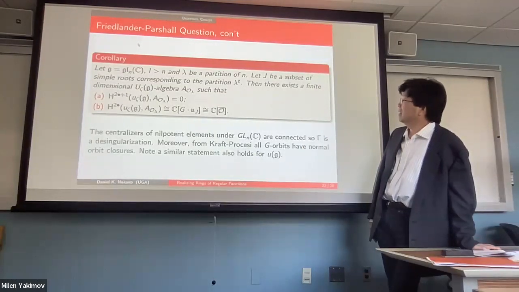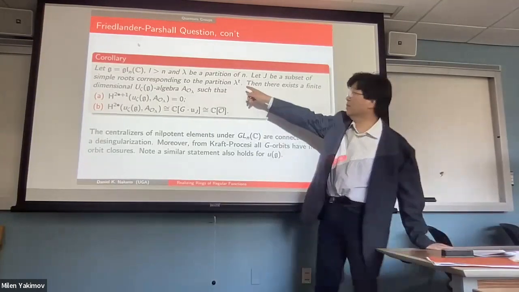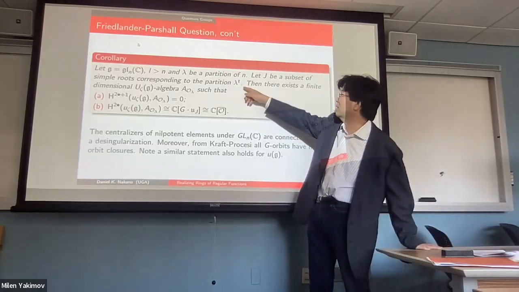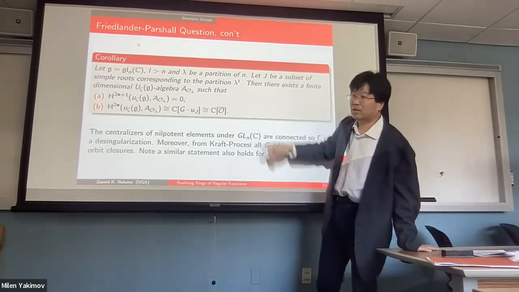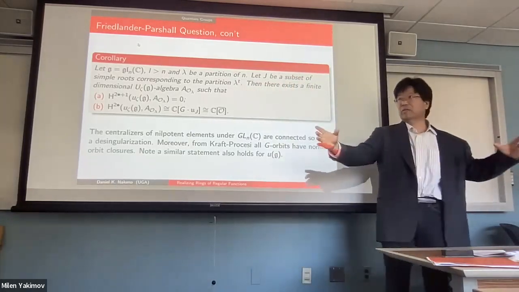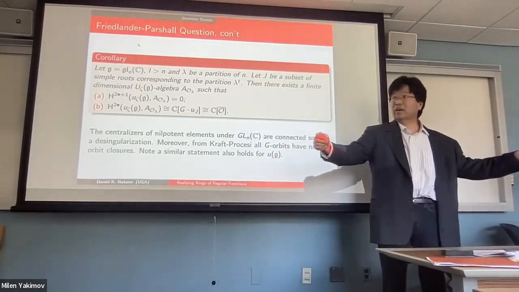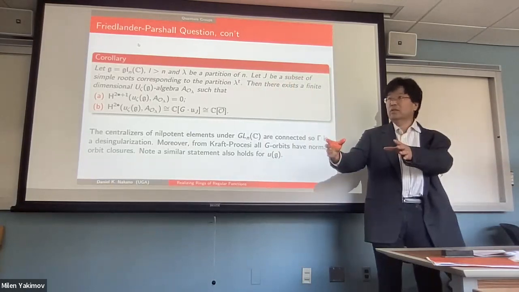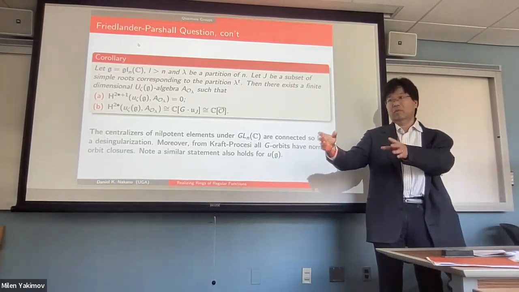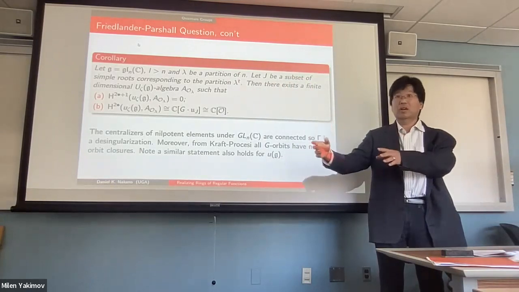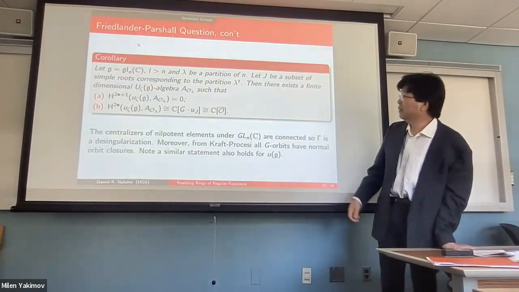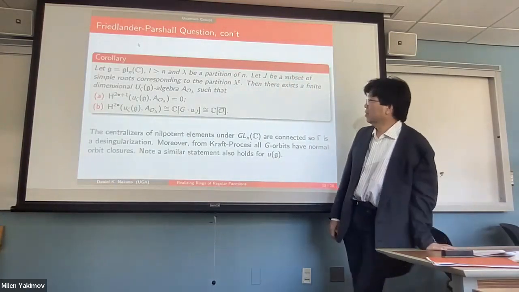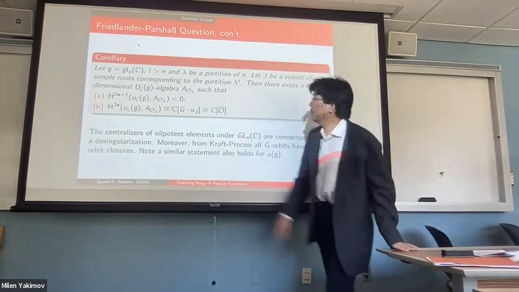Then you take the dual partition, the transpose partition, and you take the subset of simple roots corresponding to this partition. The way to think about it is you have this partition, you take the Dynkin diagram, and then you have the parts, and you take the number of parts plus 1 on the components of the Dynkin diagram. That will give you your U of J over here.